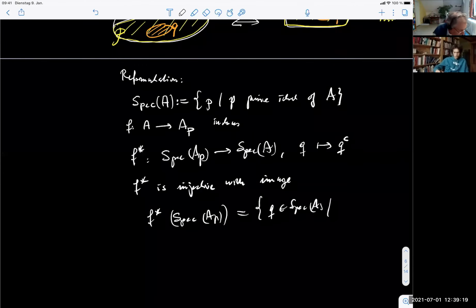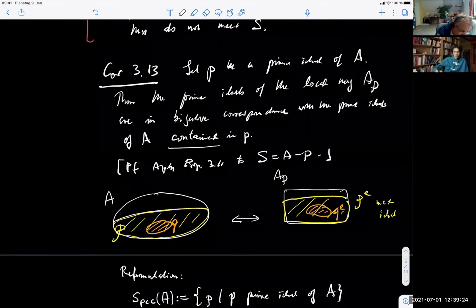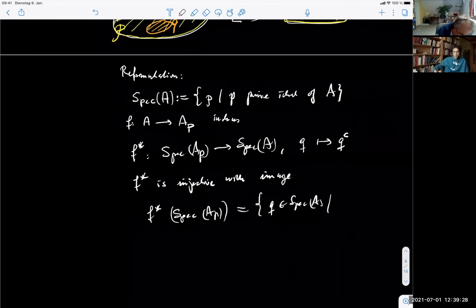By this corollary 3.13, these are exactly the prime ideals contained in P. So what I'm trying to do here, this may be confusing if you see it for the first time. It takes time to get used to it. In a way, I invent some kind of geometric language to describe what's going on here.